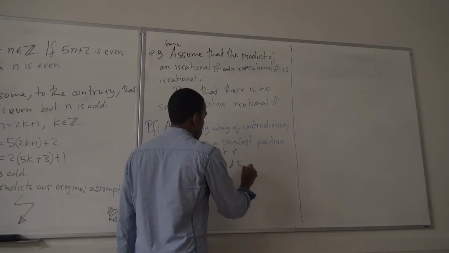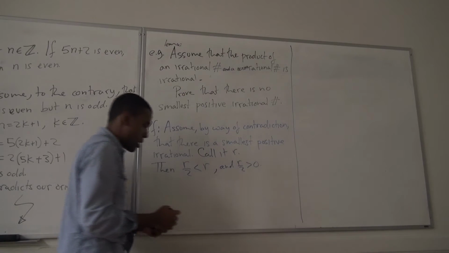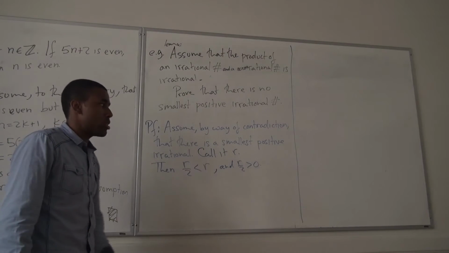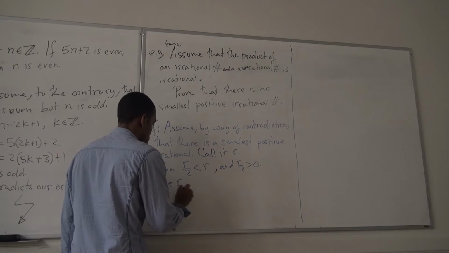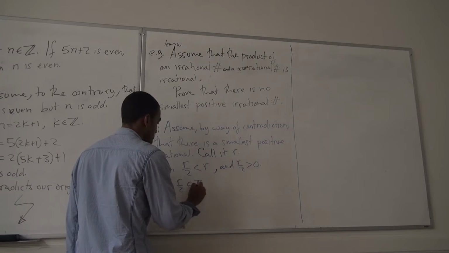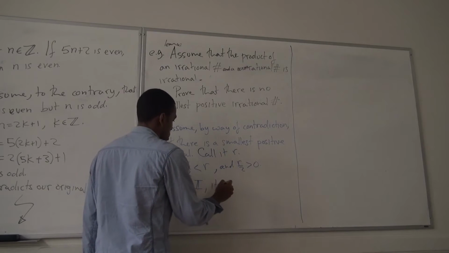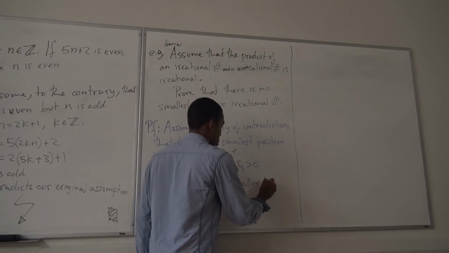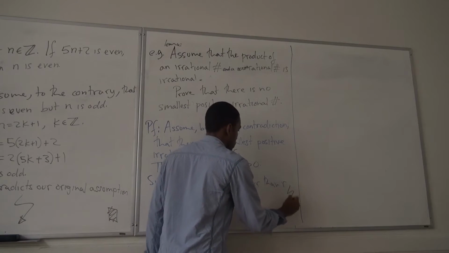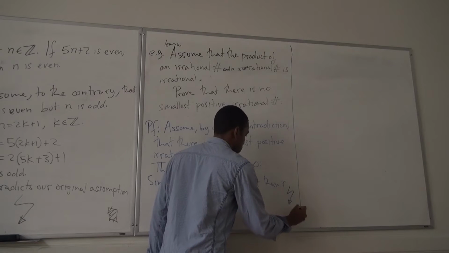And R over 2 is still greater than 0. If I divide a positive number by 2, it's still positive. Since R over 2 is actually irrational, it is smaller than R. Contradiction.